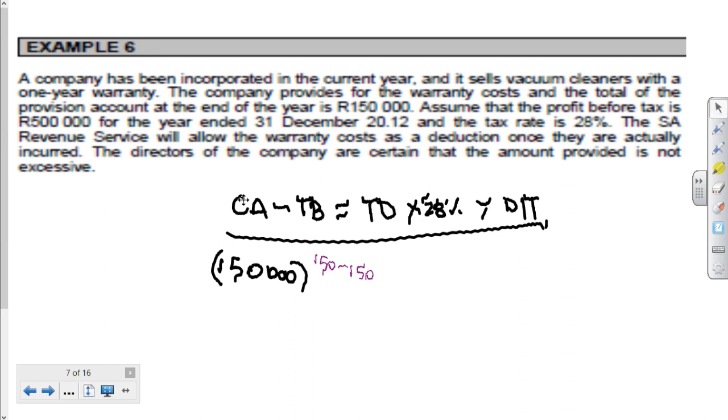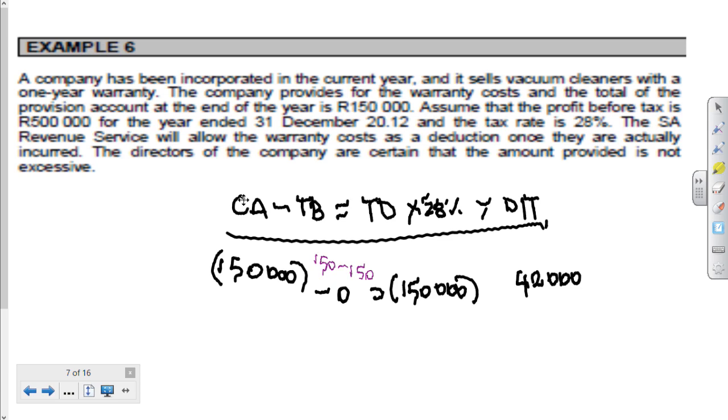So therefore, your tax base is 0. And so your temporary difference is minus 150. And so your deferred tax is 42,000. And it is a deferred tax asset.